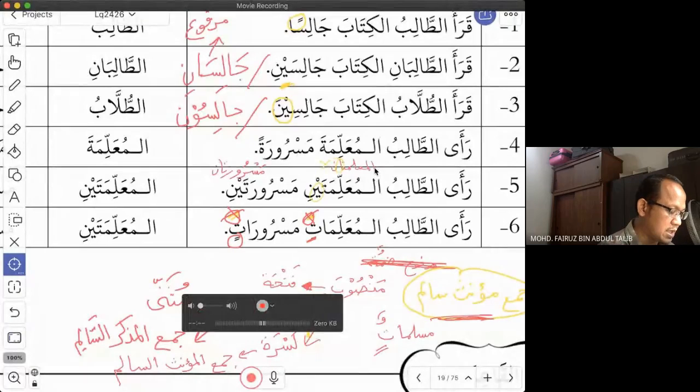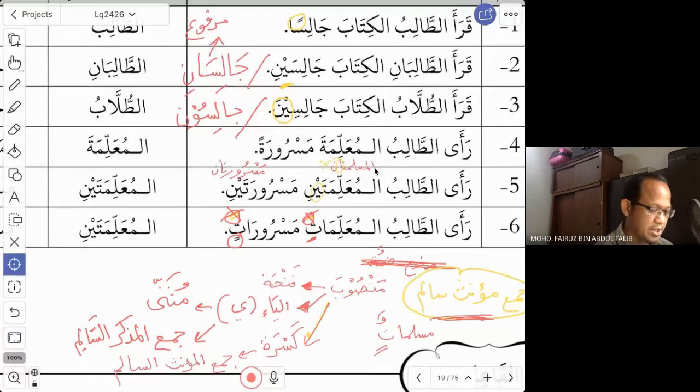That is mansub with a ya. And there is another word where you have to use ya instead of fathah. That is jama' muzakkar salim. So this is in the third example when we say jalisin. Now jalisin is referring to tulab. Tulab is jama', therefore the hal must be changed to jama'.